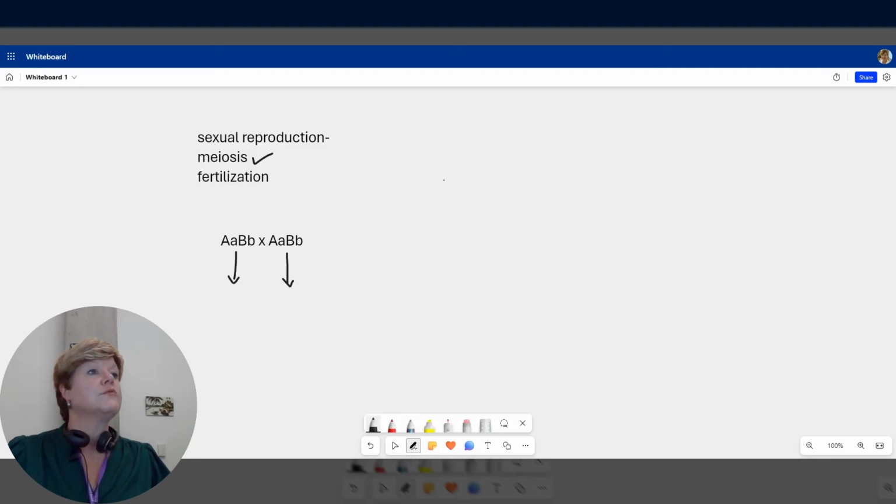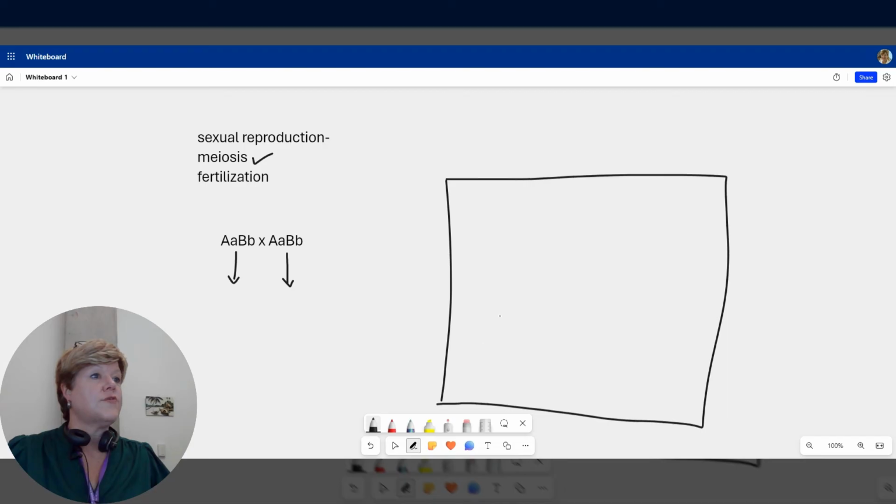So that was one way to work it. So the Punnett square is just a way to keep track. If we have some gametes that are big A, big B, some gametes that are big A, little b, some that are little a with a big B, and some that are little a with a little b. And we put the same thing down here.